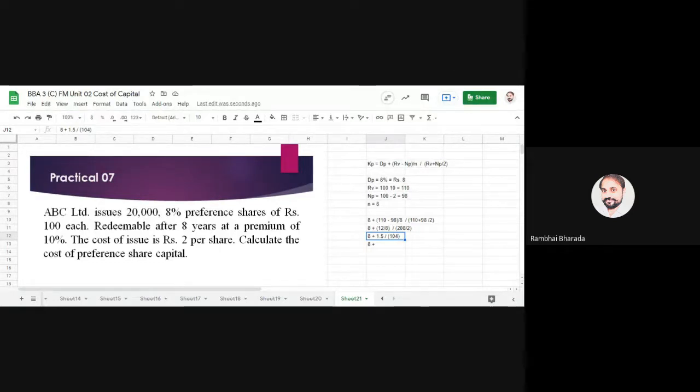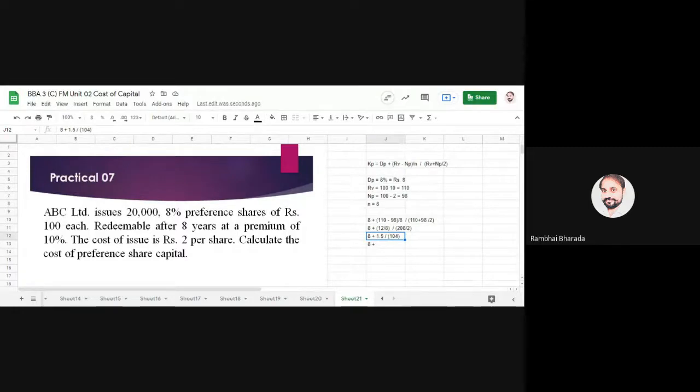See, please, everyone, this DP is separate from this entire calculation. We should not touch this 8 until the last. Please remember the rule of mathematics. Whenever we do a calculation we have a sequence.